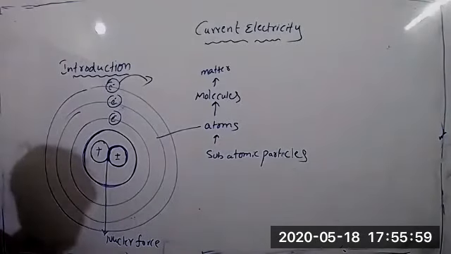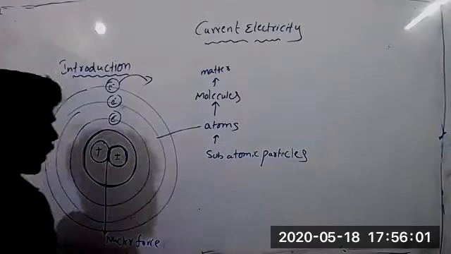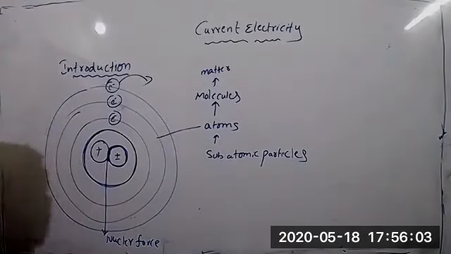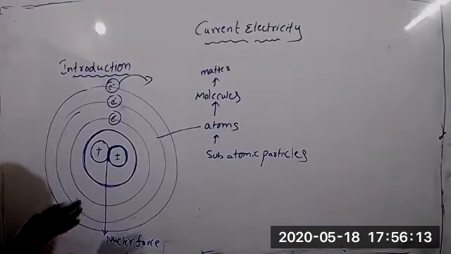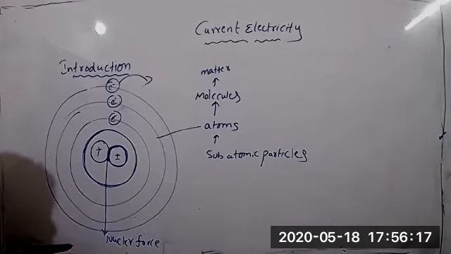So protons cannot move. But when we draw the circuit, I will show you, current direction we will give positive to negative, but the electron flow direction is negative to positive. There are two types of current: conventional current and electrical current. Electrical current direction is negative to positive, inside the material.